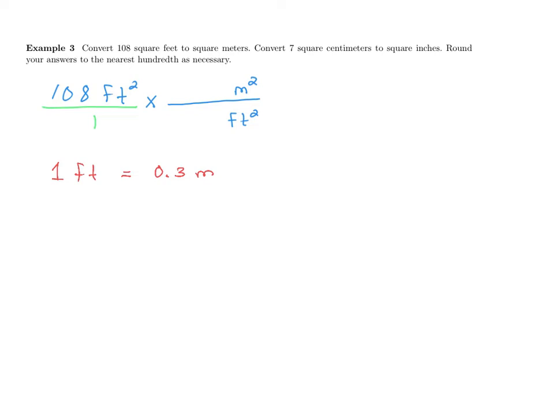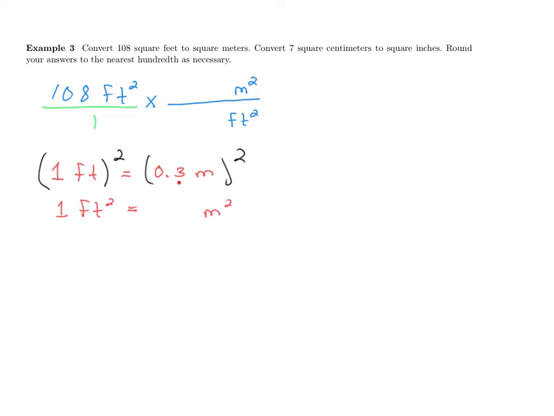How would I get square feet and how would I get square meters? You could square both sides of this thing. On this side, if you square 1, you still get 1. And if you square feet, that's feet squared, which is good. And on the other side, you would square the number 0.3 and also meters, which gives us meters squared. What happens if you square 0.3?